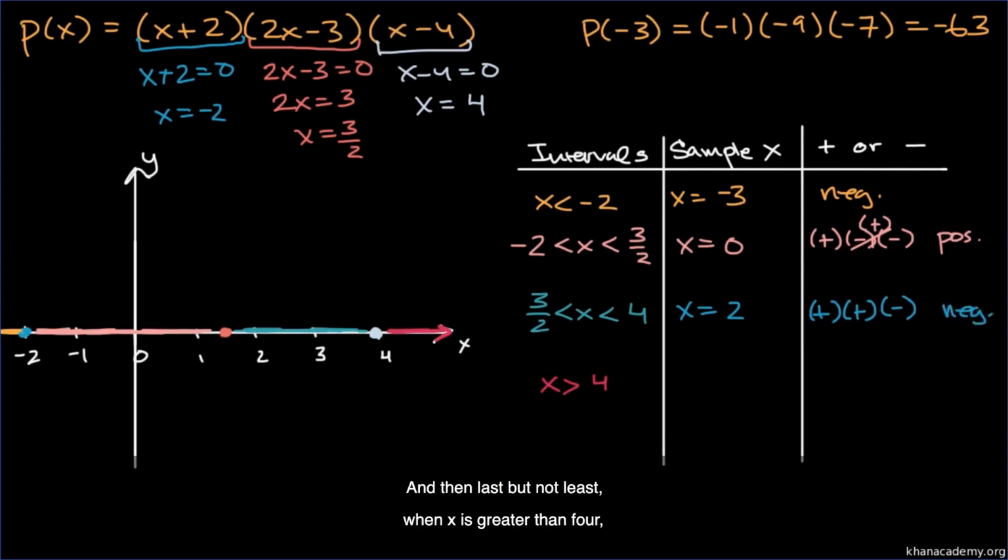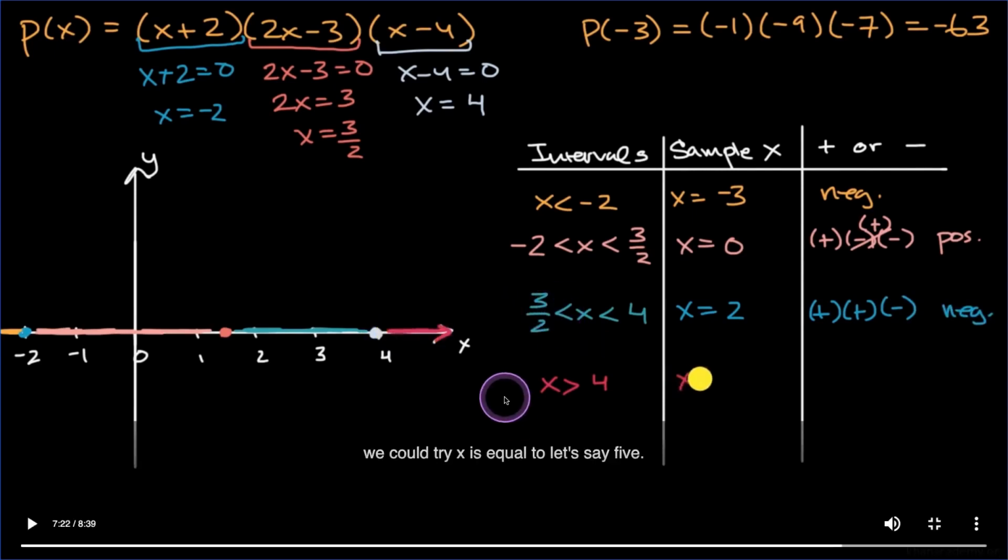And then last but not least, when x is greater than 4, we could try x equal to 5. Using this kind of strategy, we can do it very quickly without much thinking. If x equals 5, the first factor would be positive for sure, and the second one would also be positive.